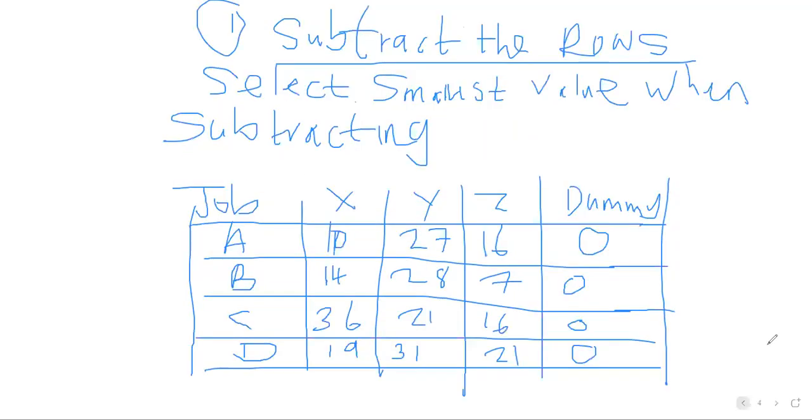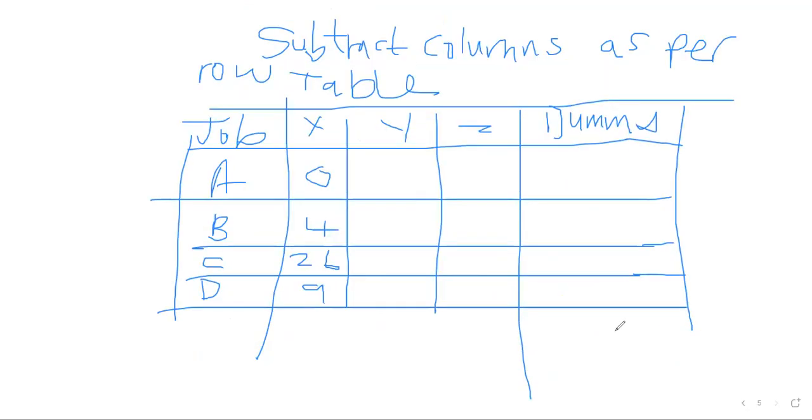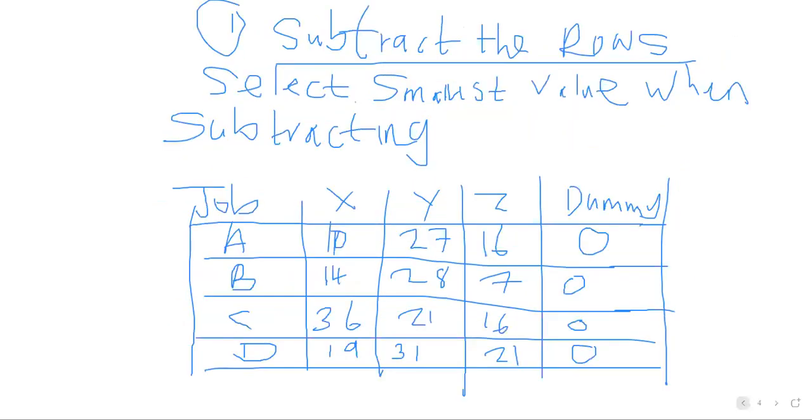Then getting down to the other one here in column Y, the smallest is 21. So here you're going to have 6. Then here you're going to have 7.